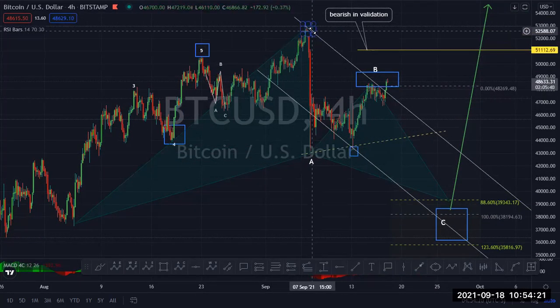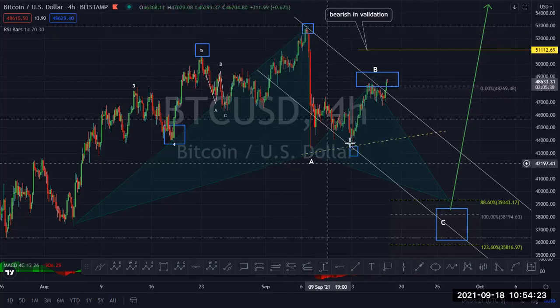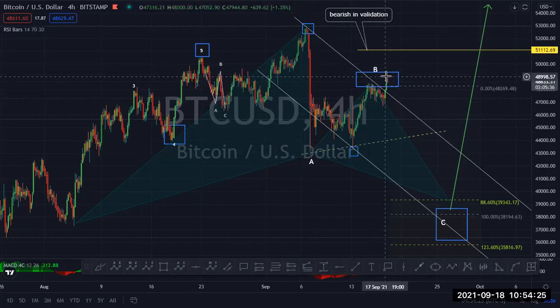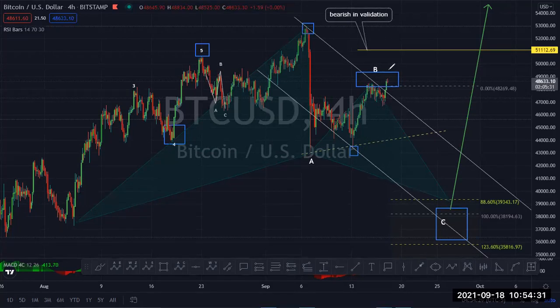You can see we are getting a wave A. Wave B will likely end within this level. Here is the standard level of wave B, this blue box. But if it can go deeper, it will likely not go above here. If it goes above here, we may not get wave C again. It means that this is A, B, C.